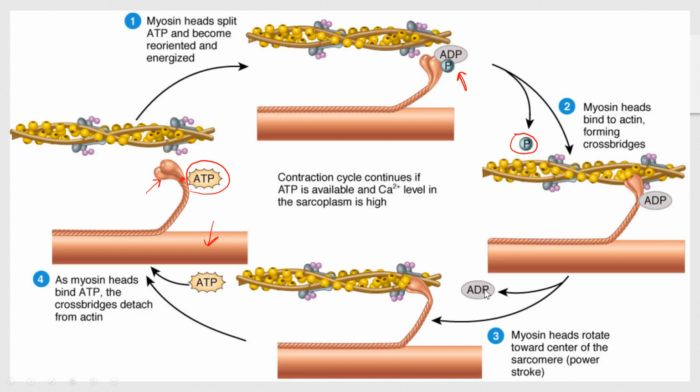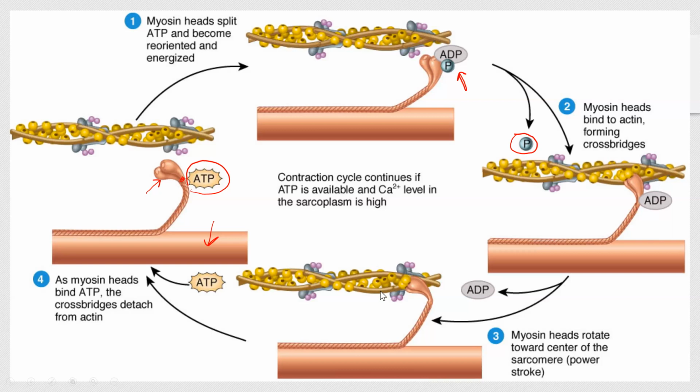Then when it loses ADP, it pushes actin towards the M line, and that's what we need. So myosin heads rotate towards the center of the sarcomere. Yeah, I think it's pull actin towards the midline, right? Pull the actin towards the midline, and this is called power stroke, right?